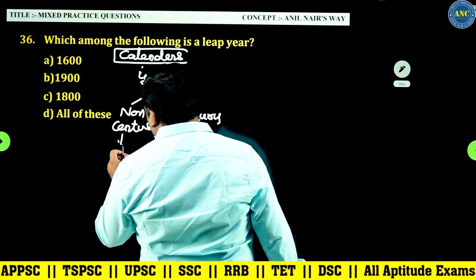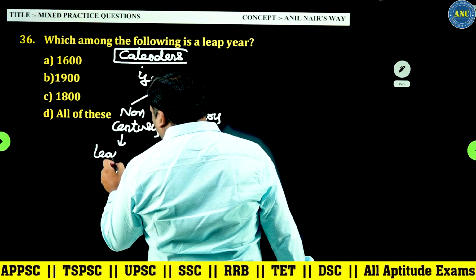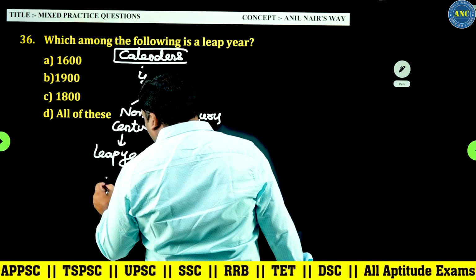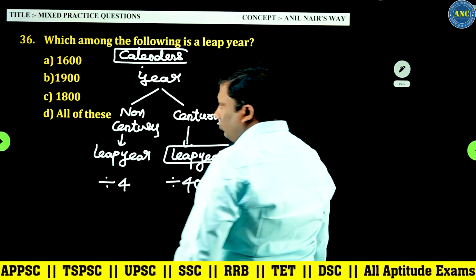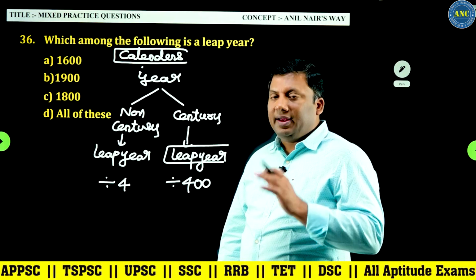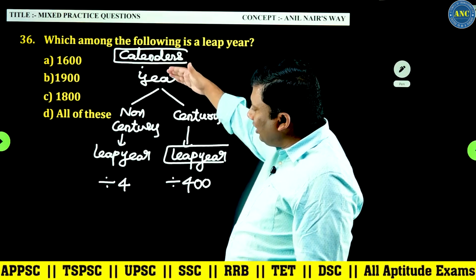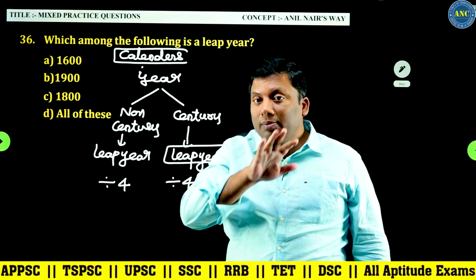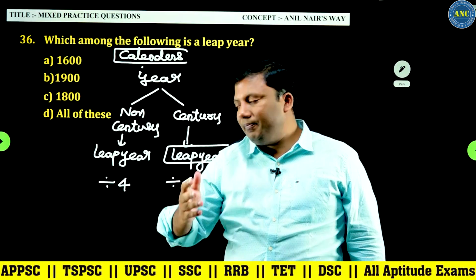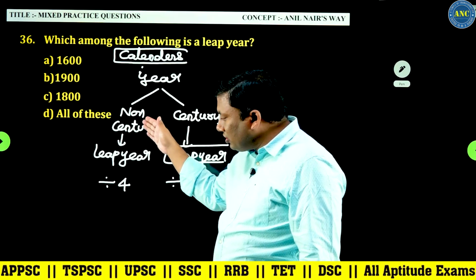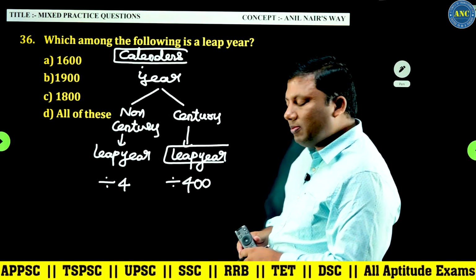If it is a non-century, for a non-century to become a leap year, it should be divisible by 4. Are you all with me? Very important concept. For a year to become a leap year, it is not mandatory that it should be divisible by 4. If it is a century, it should be divisible by 400. If it is a non-century, then only it is divisible by 4.